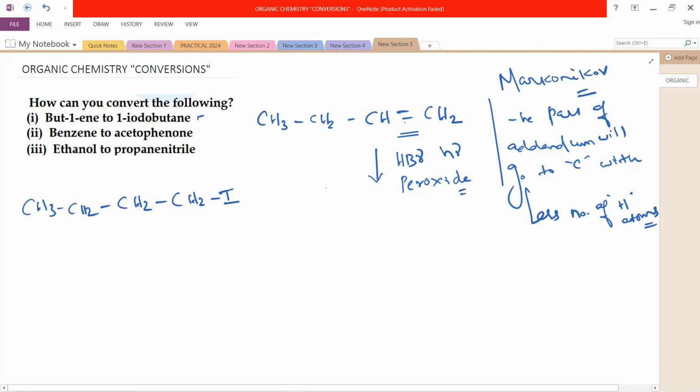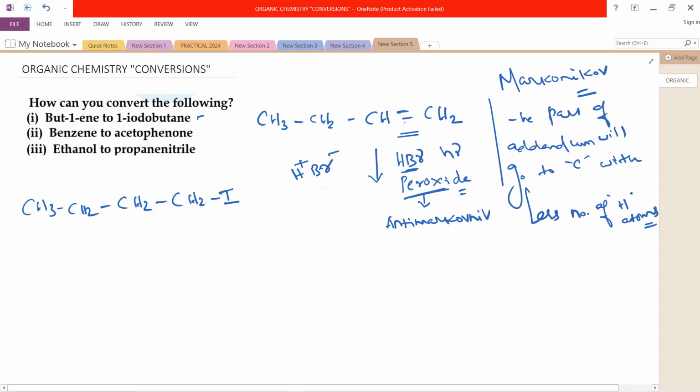So as per Markovnikov rule, HBr will be H plus and Br minus. So this negative part should go to the carbon atom which is having the less number of hydrogen atoms. But peroxide is here. Peroxide means it works in the opposite way. That is anti-Markovnikov's rule.